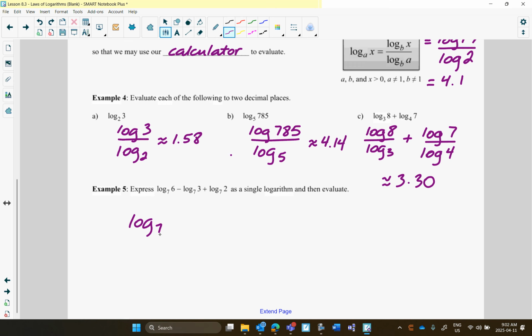So it's going to be 6 times 2 because this is plus and this is plus, so there are 5. This is minus, so I have to divide by 3. Which gives me log base 7 of 4, which I can't do in my head. Which means I've got to do log 4 divided by log 7, and then use my calculator. When you do that, you should get approximately 0.7. Okay.